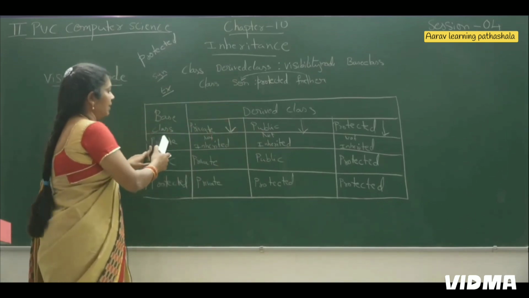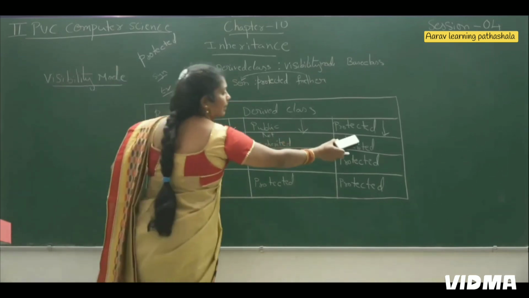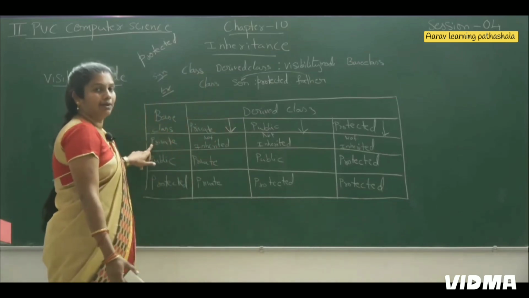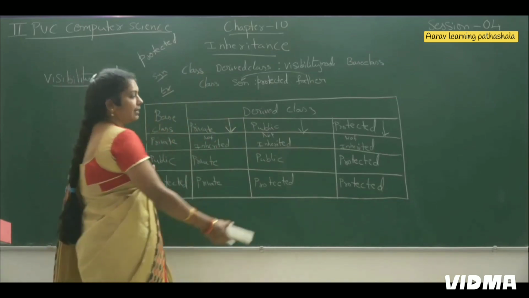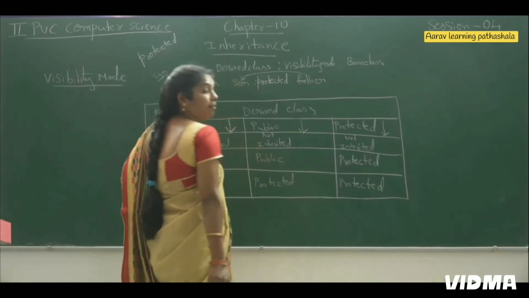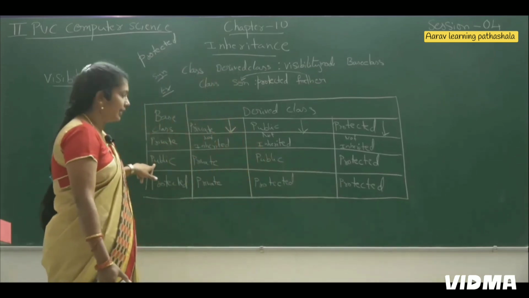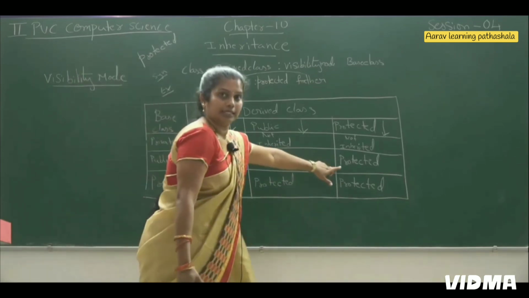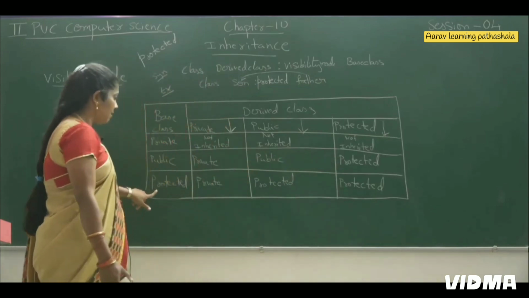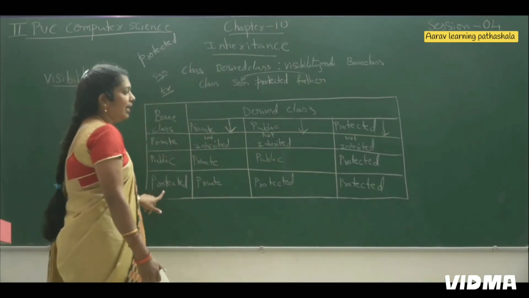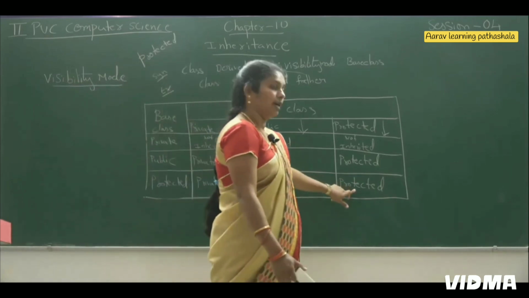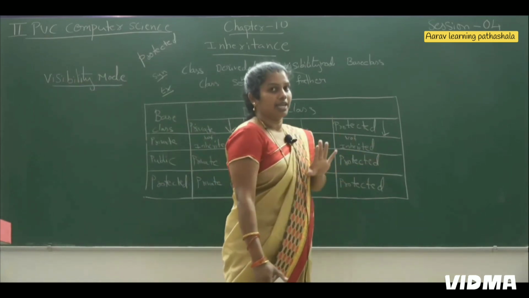If the base class members are public, then in the derived class they become protected. Next, if the base class members are protected, then in the derived class also they become protected. This thing you have to write.